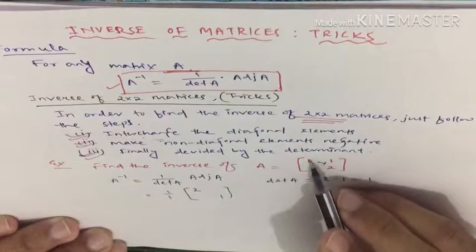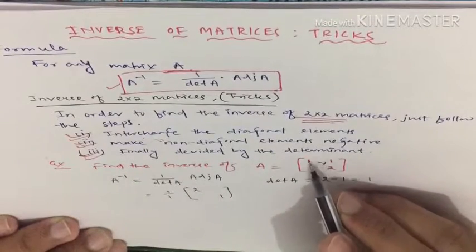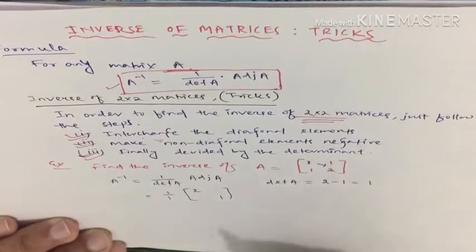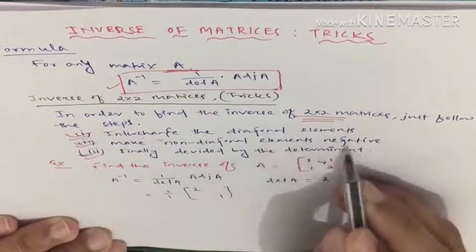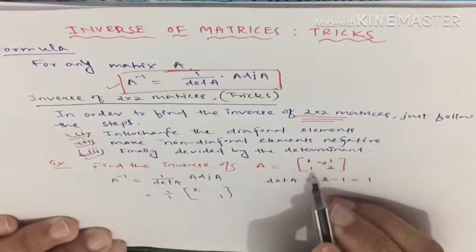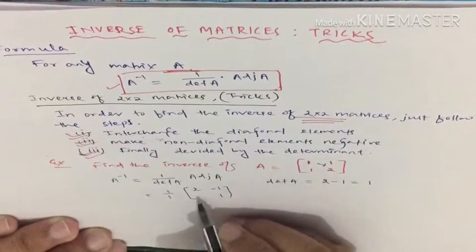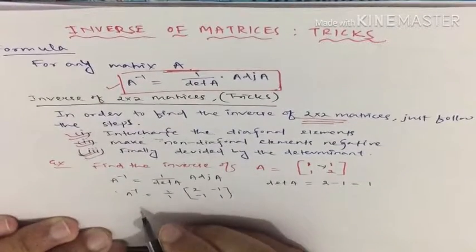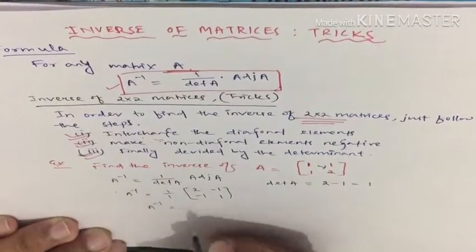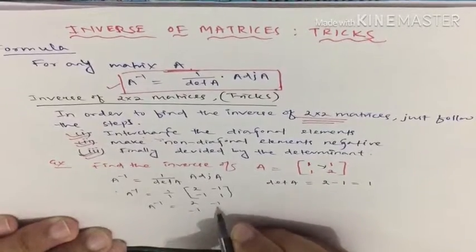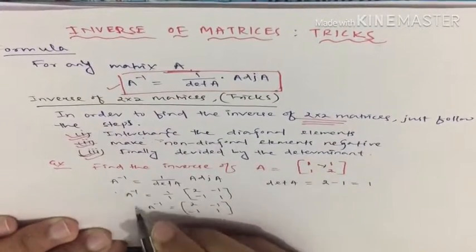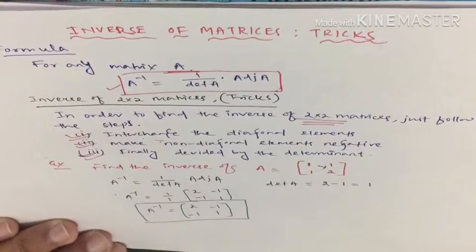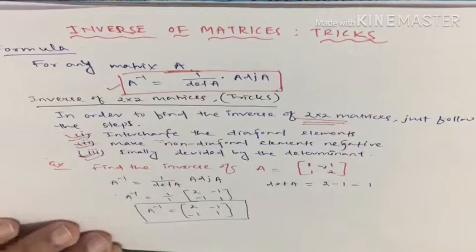And make the non-diagonal elements negative. Here 1, just make it negative, minus 1, minus 1, and this is the inverse. Very simple or not? Simply A inverse equals 2 minus 1 minus 1 1. Just within 30 seconds you can find the inverse of any 2 cross 2 matrix.